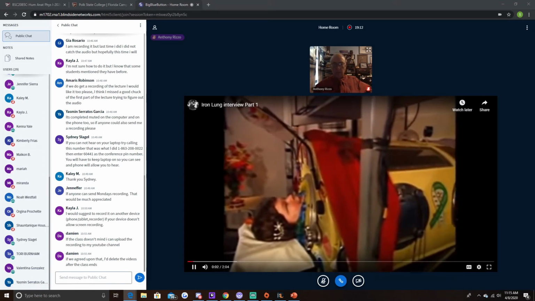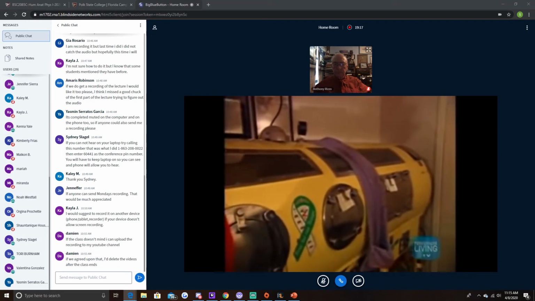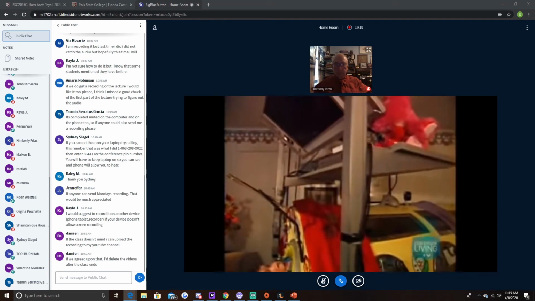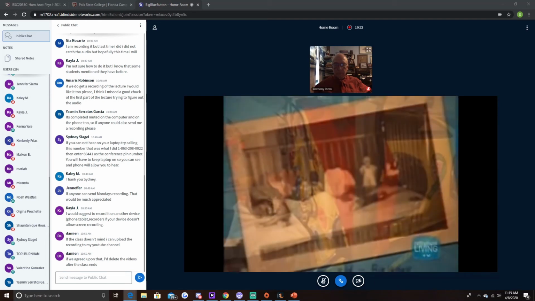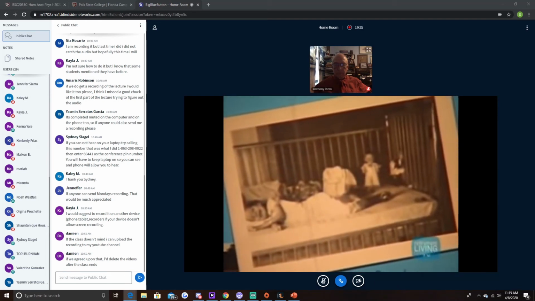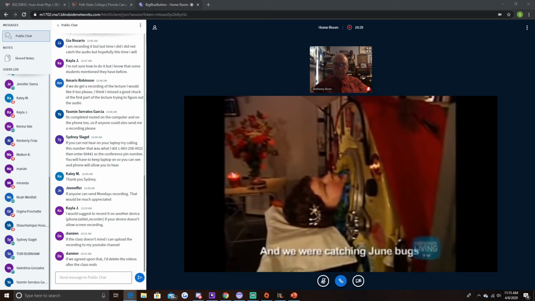Diane Odell of Jackson, Tennessee, has lived in an iron lung longer than anyone still alive today. She owes her life to this device and has relied on it since contracting polio at the age of 3 in 1950. And we were catching June bugs and putting them on strings, letting them fly around our heads.